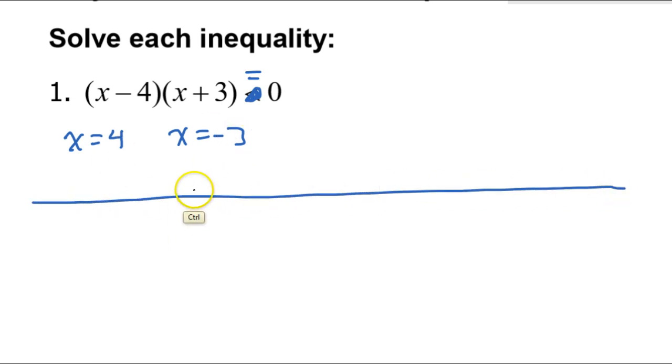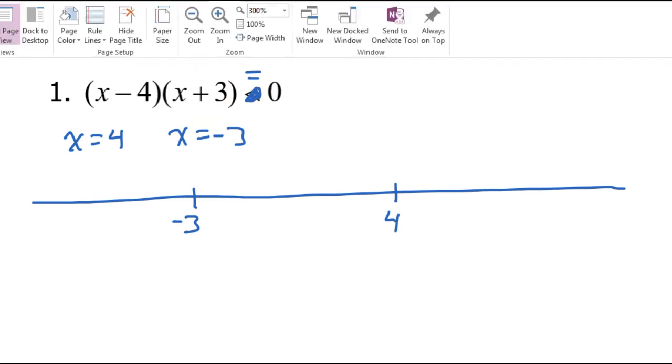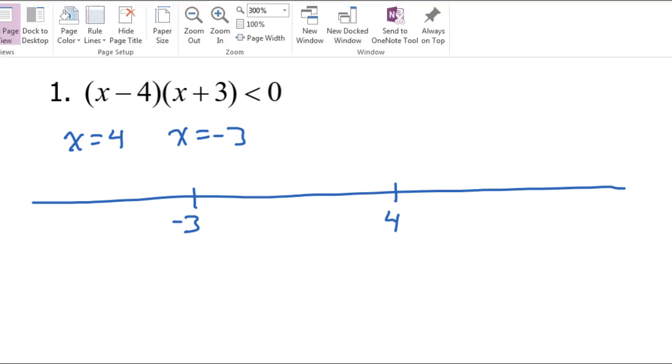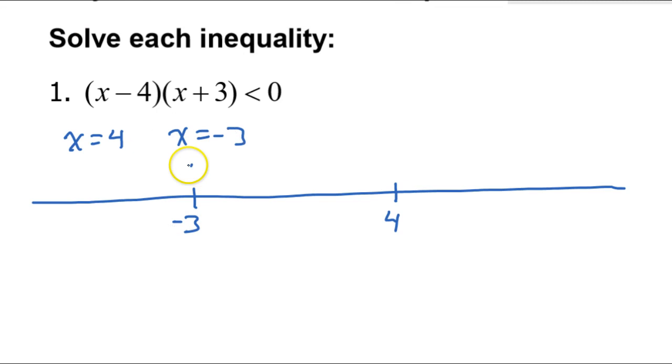Let's see, so I've got -3 and 4. So I need to check each one of these intervals. Now, because we want the values where the function is less than 0, not equal to 0, all of these are going to be open circles. So open circle here, open circle here.